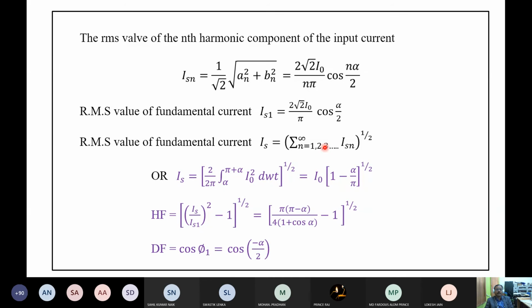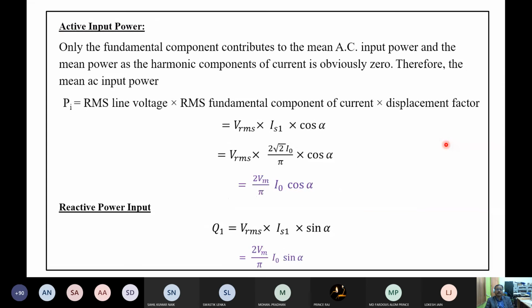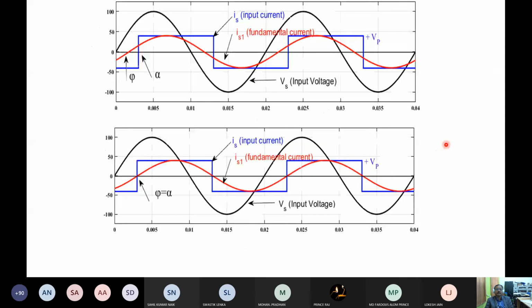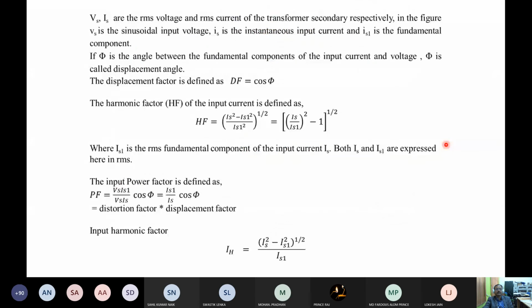So the input power factor that you derive, VRMS IS, that is IS1 by IS into cos phi 1. IS1 by IS into cos phi 1 is the input power factor.